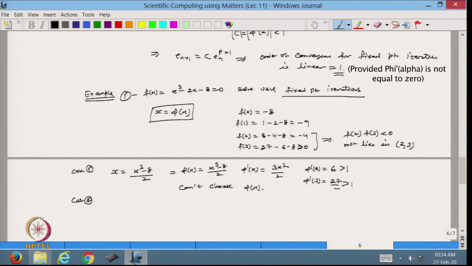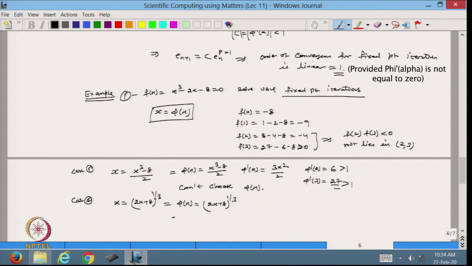In case 2, I can choose x is equal to, maybe I will take 2x plus 8 on the right hand side and then take the power 1 by 3. So, in this case my phi x will be 2x plus 8 to the power 1 by 3.